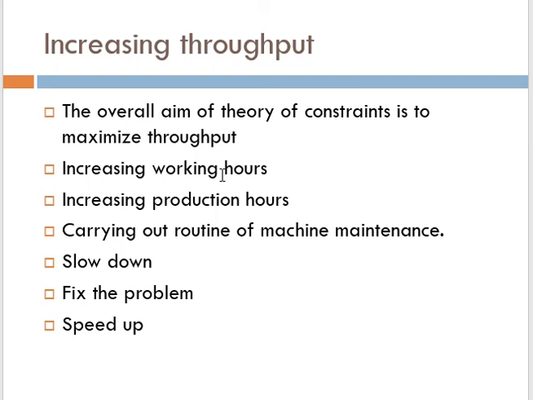So slow down will work out in increasing the throughput, that is, to avoid the constraints. This slow down will actually make the work easier, where you will satisfy a set of customers and you will concentrate on the remaining work in the upcoming days.